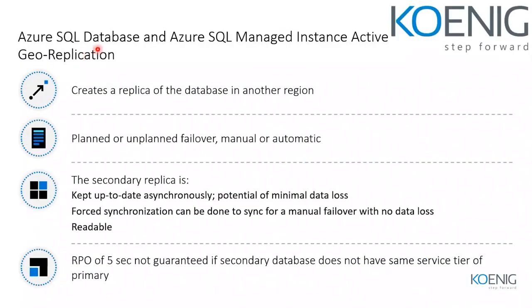Now, Azure SQL Database and Azure SQL Managed Instance active geo-replication. It creates a replica of the database in another region. Guys, why do we need active geo-replication? Simple meaning: if the primary server is down, at least we have a secondary server which can become primary. Now the question is, why should it be in a different region?